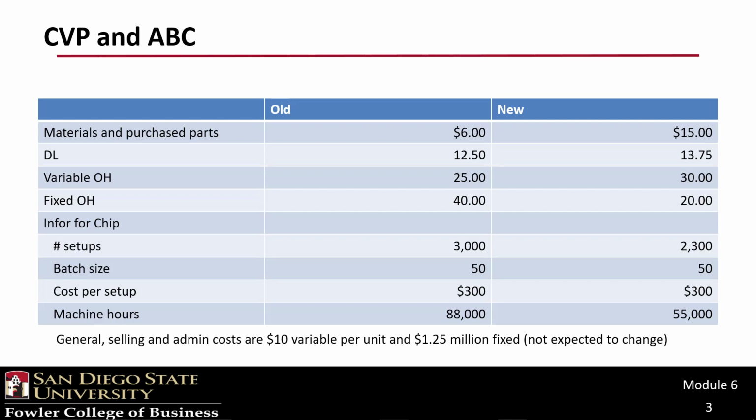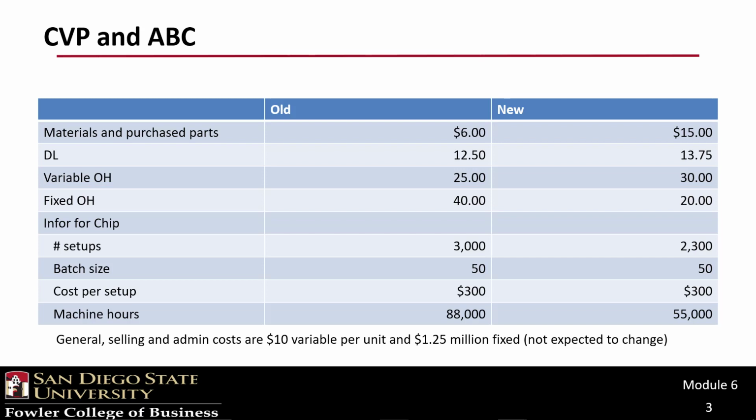So here's some of the relevant data for KC, and you can see the old process versus the new manufacturing process. So materials and purchase parts were 6 under the old process, but that price has increased to 15 now that they're outsourcing more of the creation of the product. Direct labor is a little bit more expensive, variable overhead is a little bit more expensive, but fixed overhead is down quite a bit from the old process to the new process.